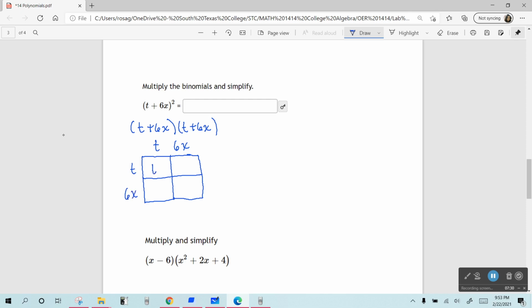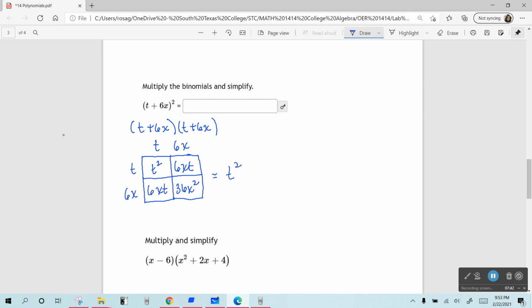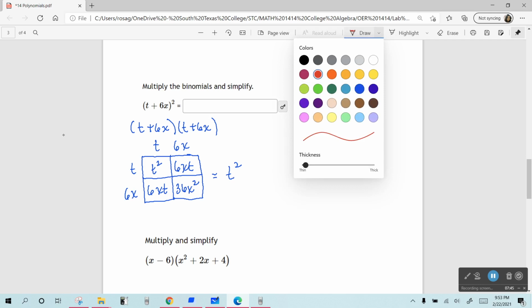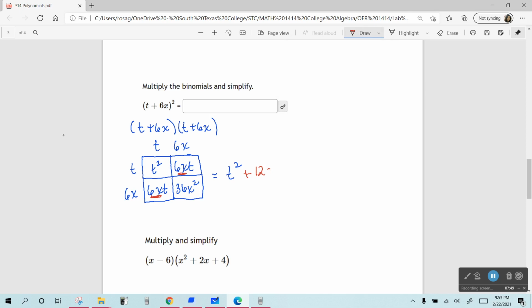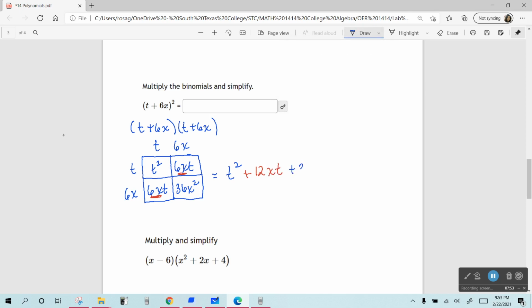And I'm going to multiply t squared, 6xt, 6xt, 36x squared. Now this one is going to combine with that one to form 12xt, and then plus 36x squared.